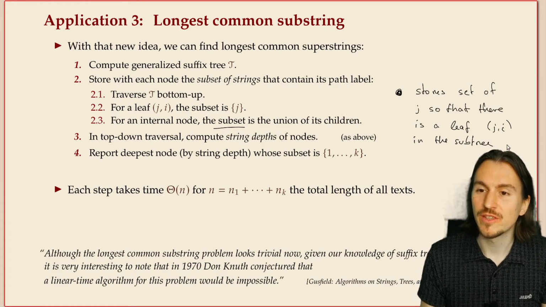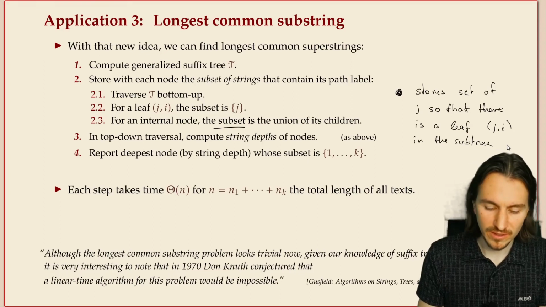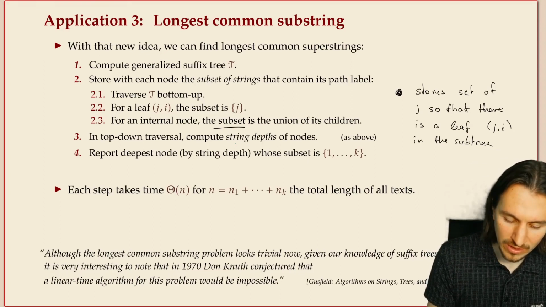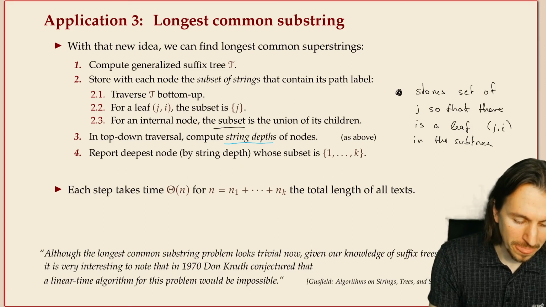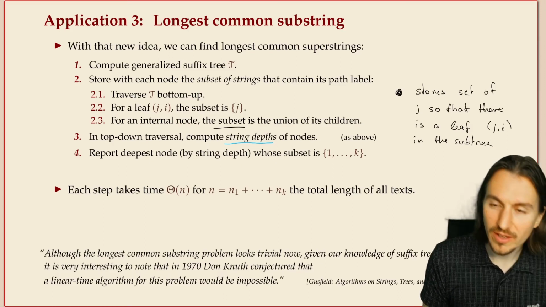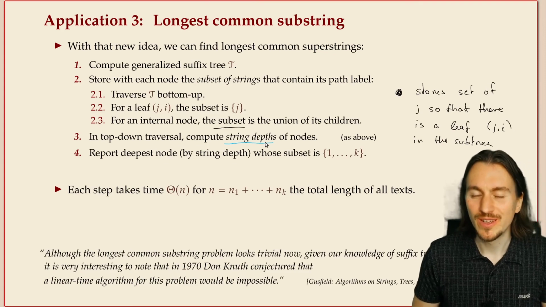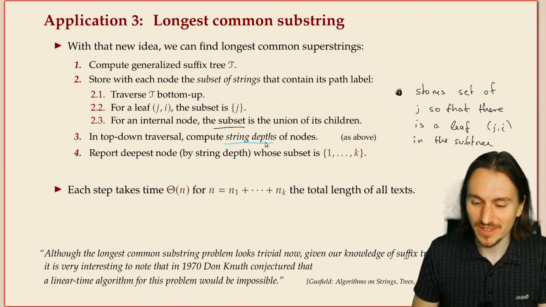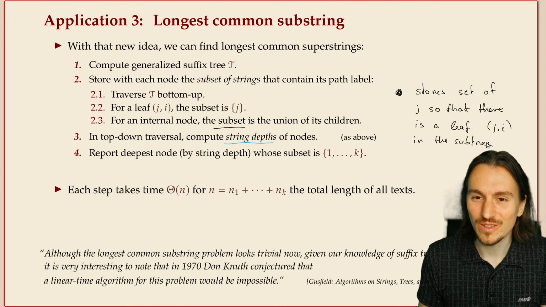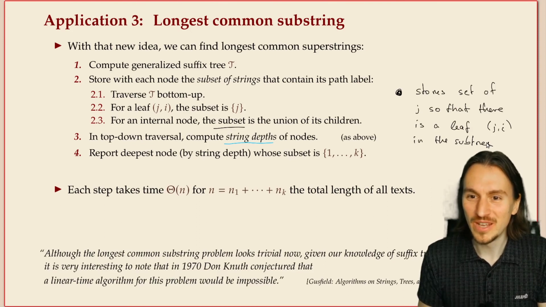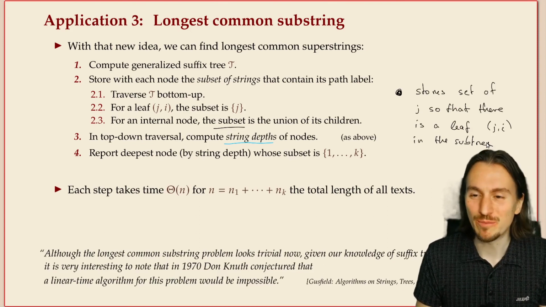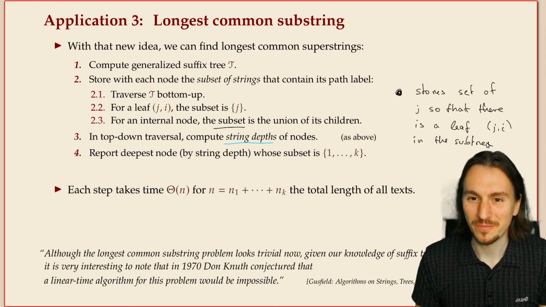Once I have this computed, and once I have the string depths, I only have to find the node that stores the set of all strings, and among those, the one with the largest string depth.